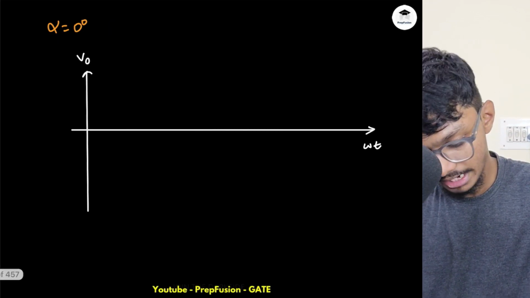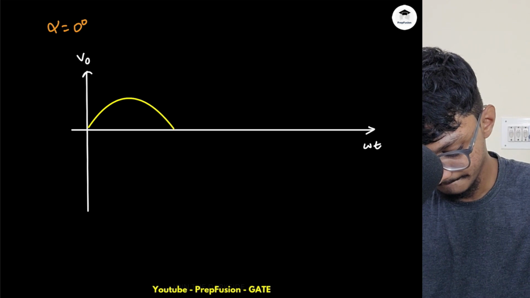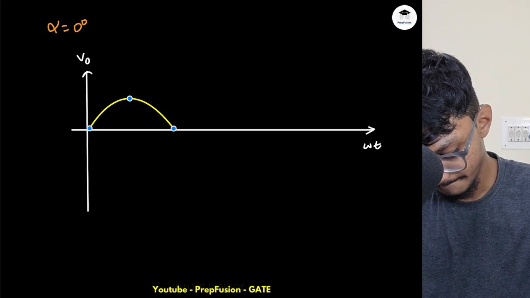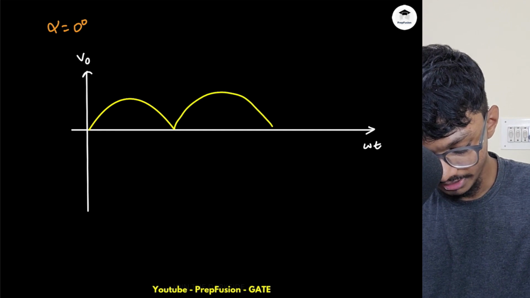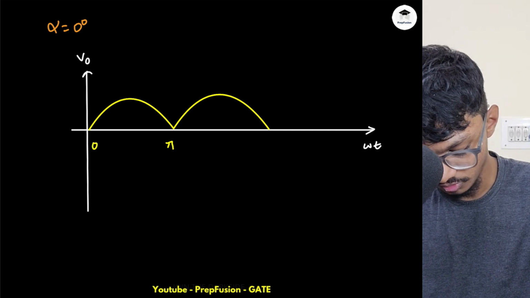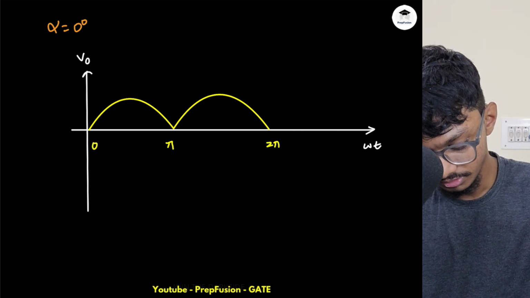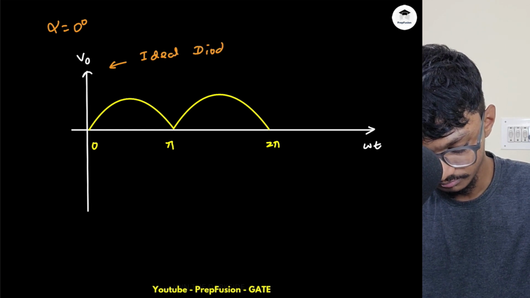Simply from 0 to pi, the output would have been plus Vs, and from pi to 2 pi, it would be minus Vs, if the diodes were ideal diodes.